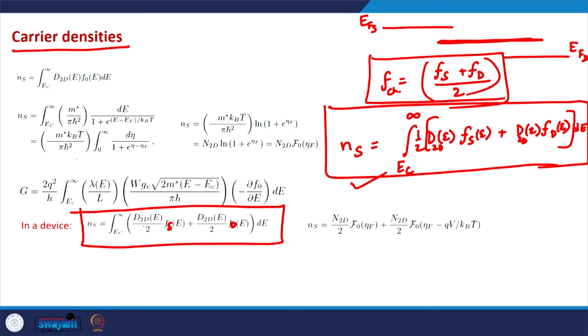So, this calculation we have already done, because this D2D times the Fermi function by 2 is essentially N2D times the Fermi-Dirac integral of order 0.